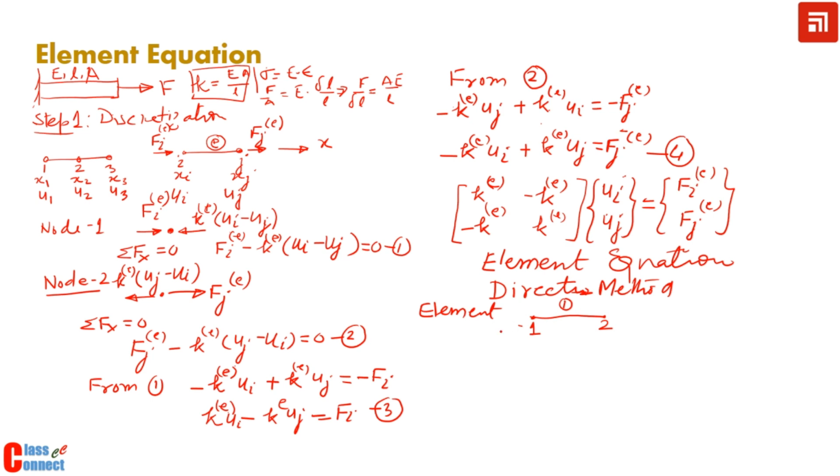So we have the local node number and global node number terms in this, because every bar element, with two noded bar element, linear bar element, will have first node number as node number 1 always, and second node number as node number 2, whatever may be the element number, and that node number is the local node number for the element.